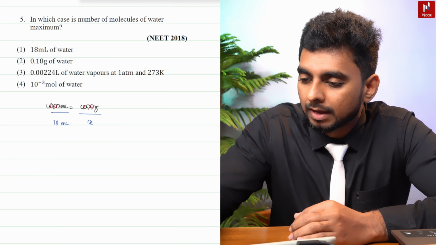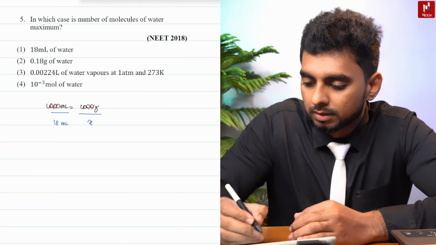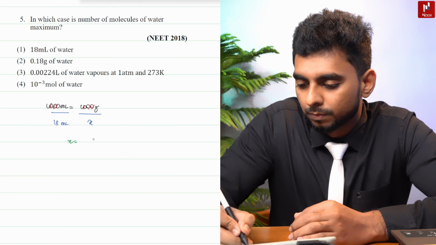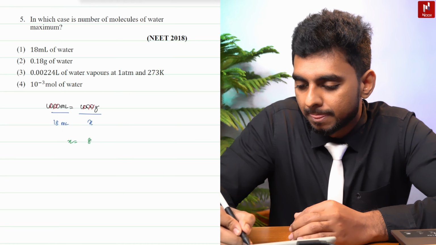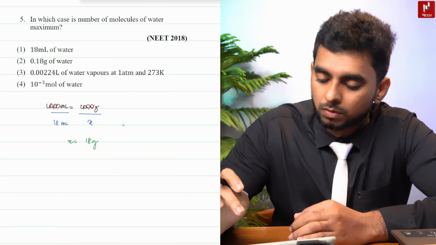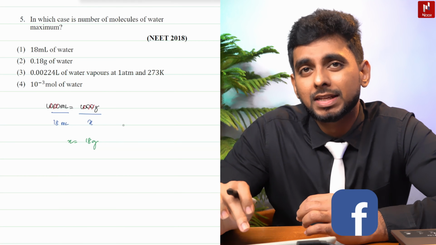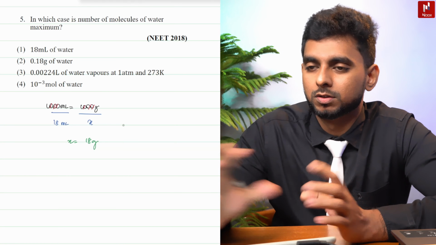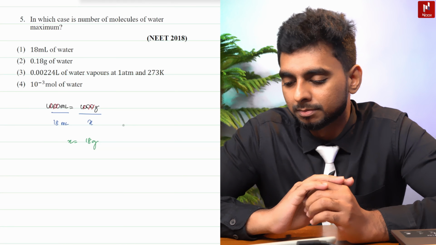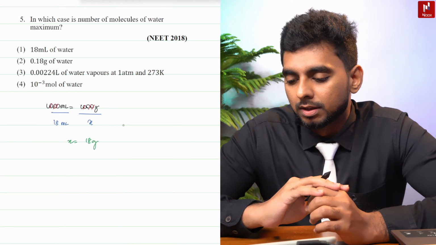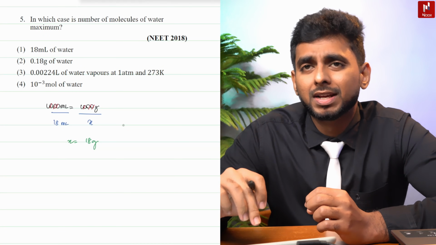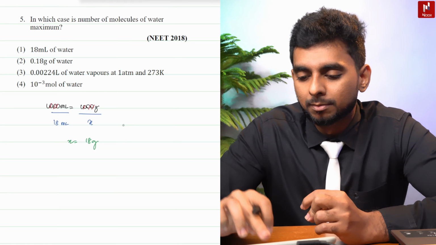Therefore, x will be equal to 18 gram. Fine. So in 18 milliliters of water, you will have 18 grams of water, right? So that will be directly matched in this situation.